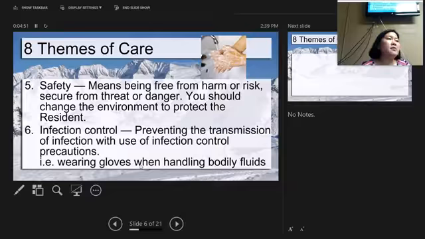We also have to make sure that their call bell is always within reach so that they can press the call bell to get someone to come and help them. Even if they get into the bathroom, there's a call bell on the wall in the bathroom that has a pull string on it. So when you're orienting them, you need to tell them about the one that's in the bathroom too. Your infection control is we're all in charge of trying to prevent the spread of infection.